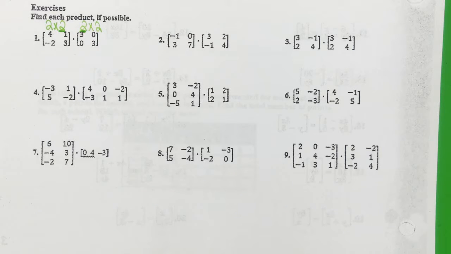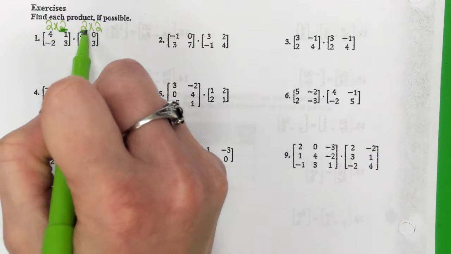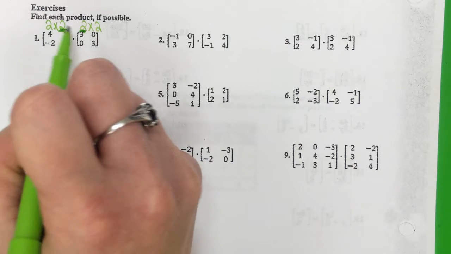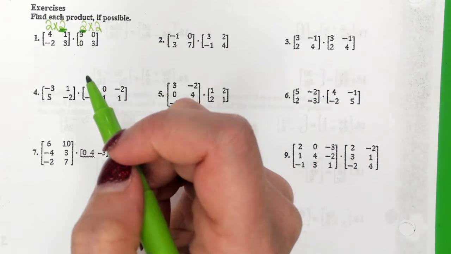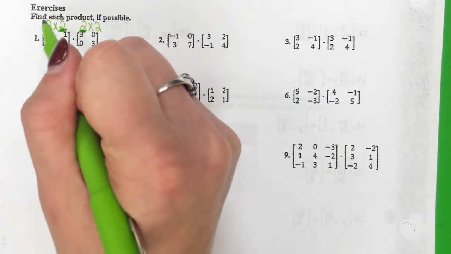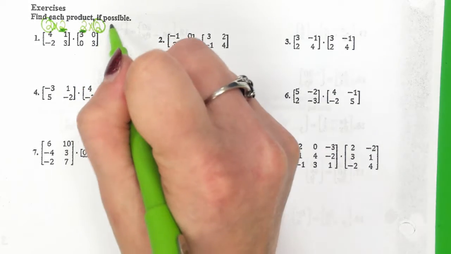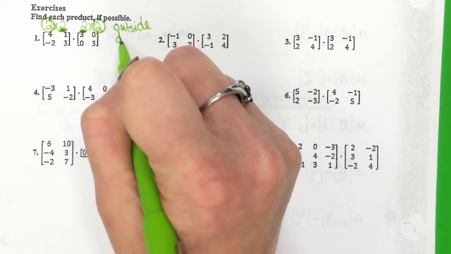Those have to match up in the middle. You might want to make a note to yourself: when you multiply, the middle 2 numbers of your dimensions have to be the same. All right, so what's left on the outside? 2 by 2.